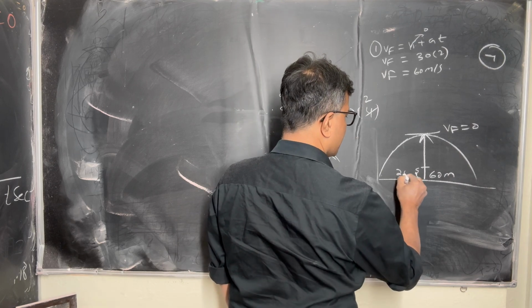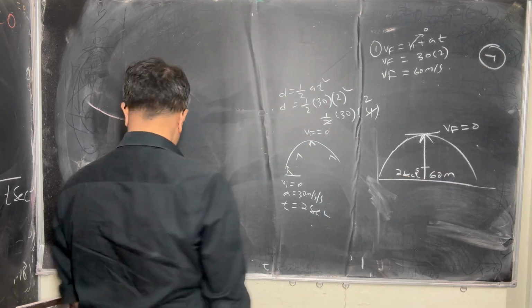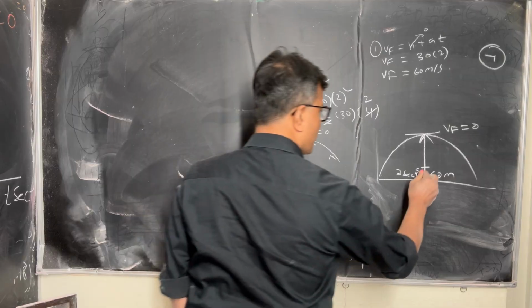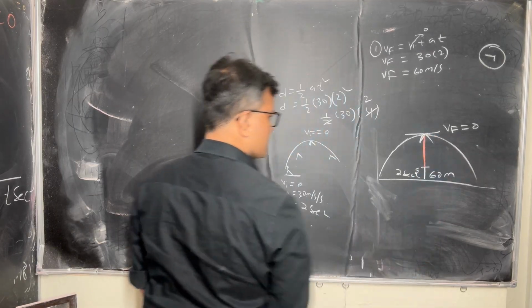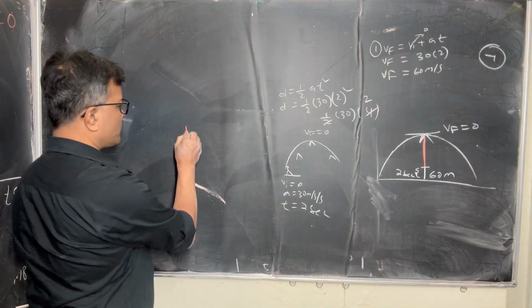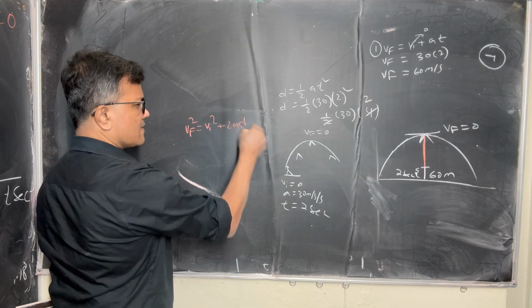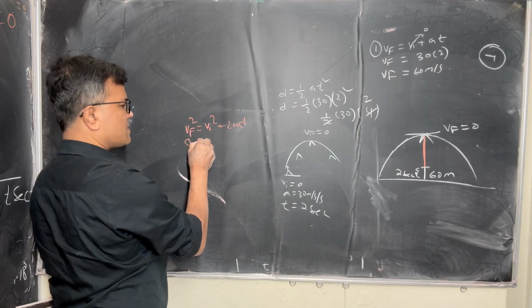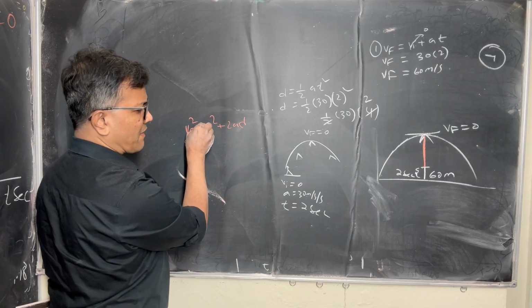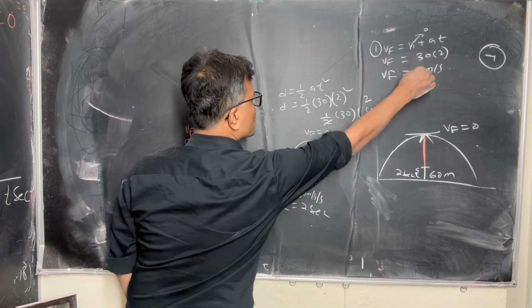In the first 2 seconds it covers 60 meters. Now we see how much from here to here. We use Vf squared is equal to Vi squared plus 2ad. At max height velocity is 0. We said it many times. Vi is 60 squared.